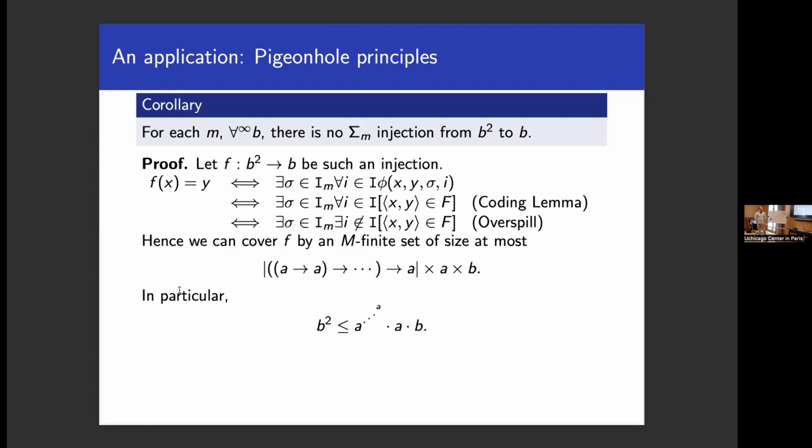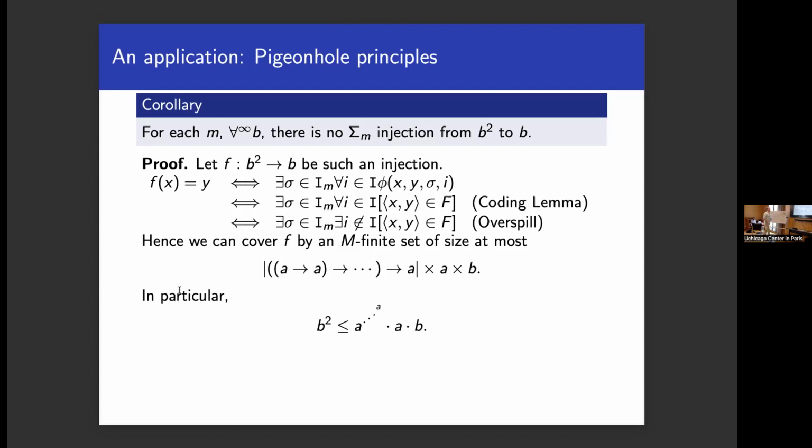But anyway, the point is that the total number of things in that type IM is no more than a to the a to the a to the a. And the total number of possible i's is no more than a, for this fixed a that we fixed a few slides ago, and the total number of things satisfying a particular relation like that should be a subset of the actual true function, the true injection.